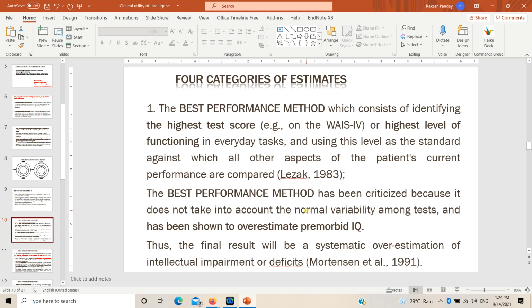But this method has a limitation, because you all have learned by now that we all show some variability or scatter in our subtest score performance.